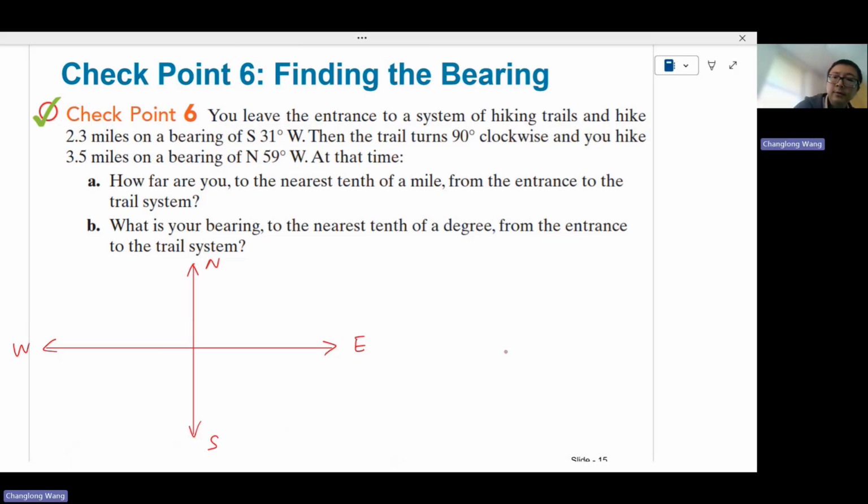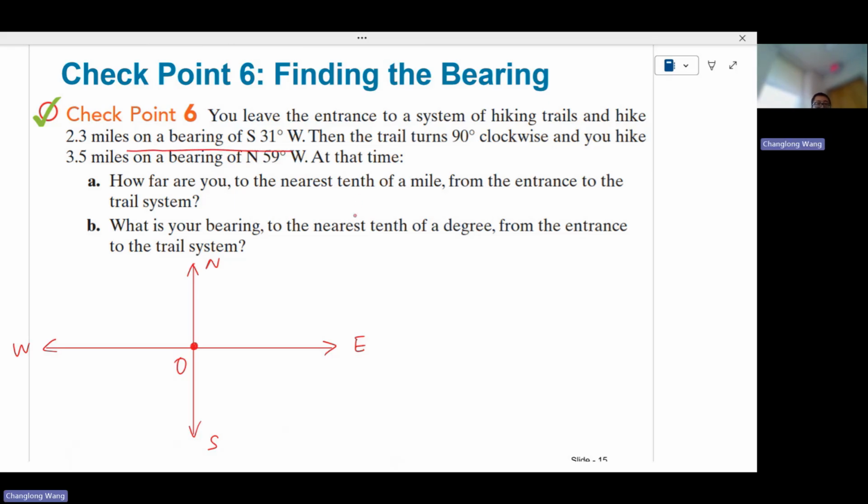All right, so that should be good enough for you to understand what they're asking for. What is provided? This guy starts from, say, point O, and he's moving in that direction.